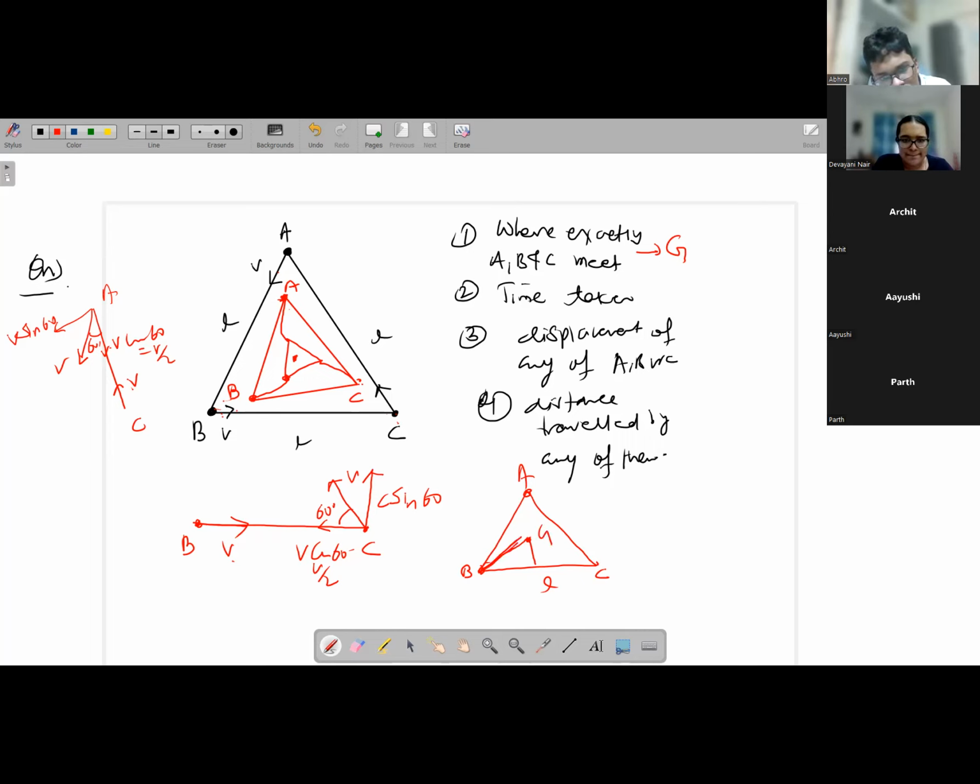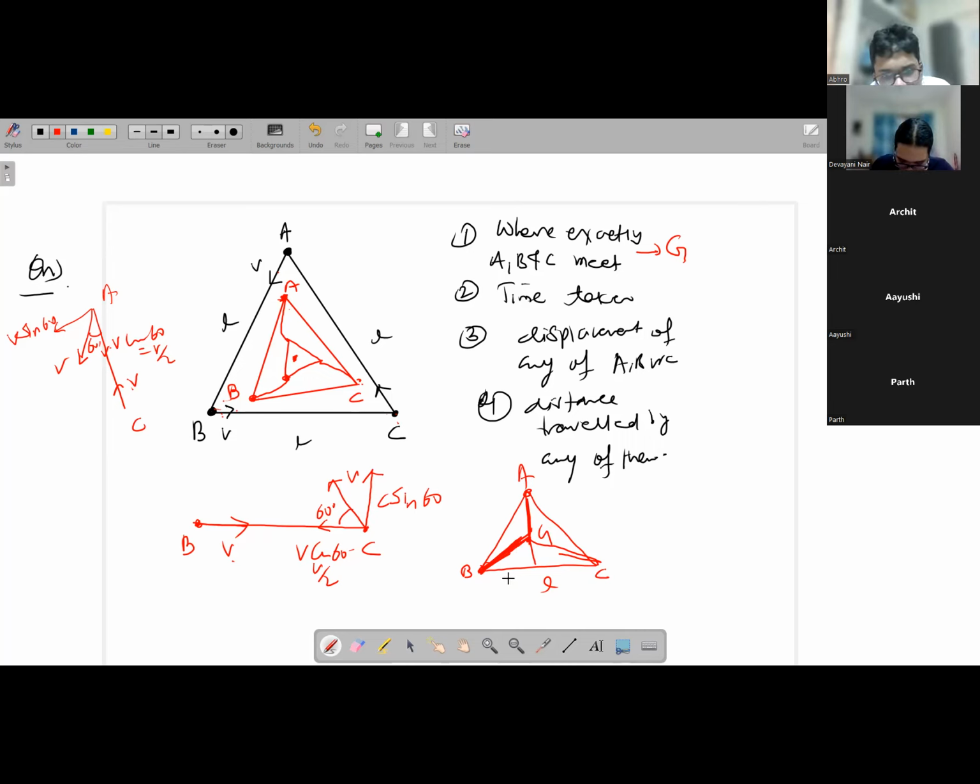So this will be the displacement of A, and this will be the displacement of C, because finally the man has come from here to here. So the shortest length between their final point and initial point is the displacement.